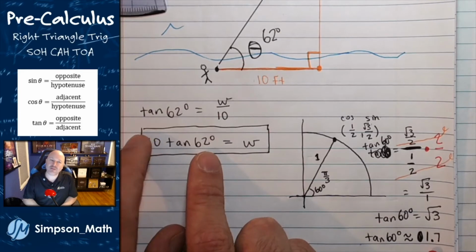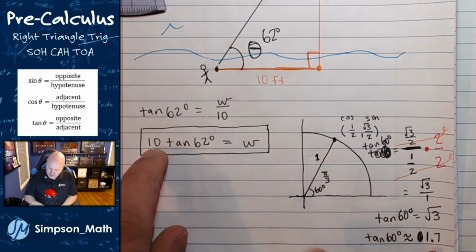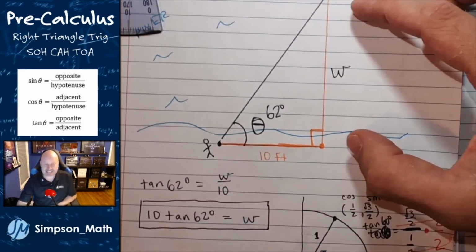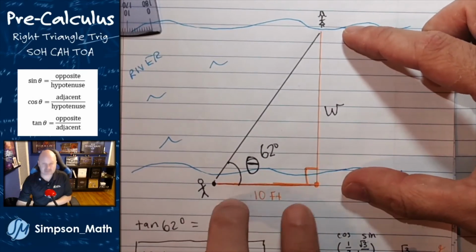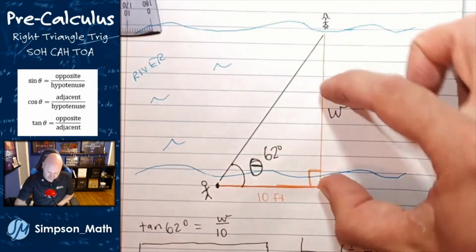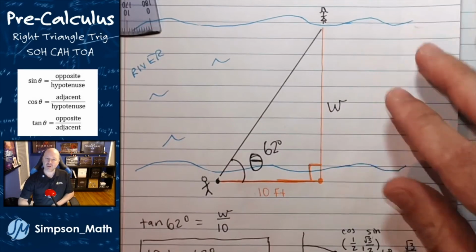If you take 1.7 and multiply by 10, doesn't that just move the decimal place over 1? Wouldn't that just make this 17? Is 17 a good estimate for this width? If this side length is 10, doesn't that kind of look like maybe it could be 17?